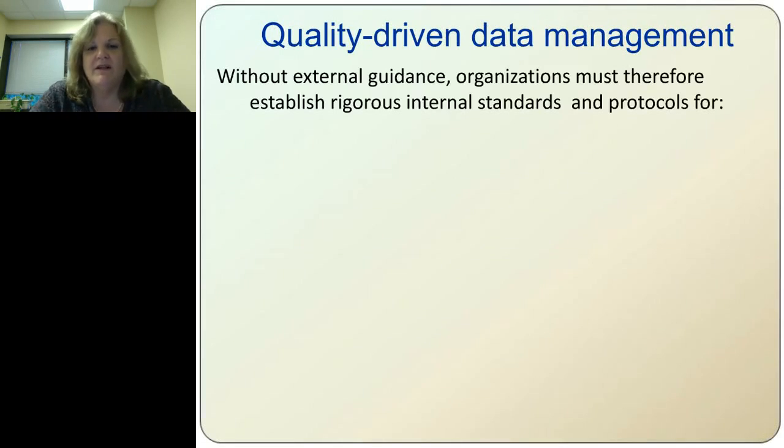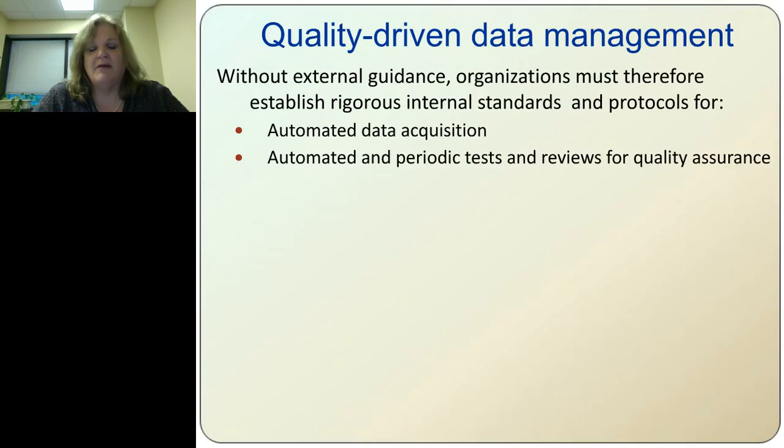So in quality-driven data management, without external guidance, we need to establish our own rigorous internal standards and protocols for automated data acquisition, how we do that, and how we make sure that it's done accurately. We also have to have protocols for automated and periodic tests and reviews for quality assurance in our databases. We do quality control at the point of data entry.